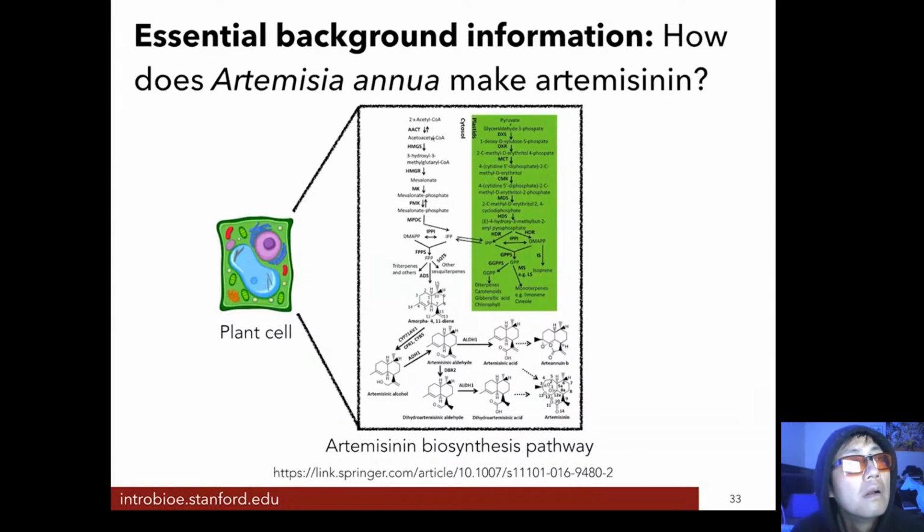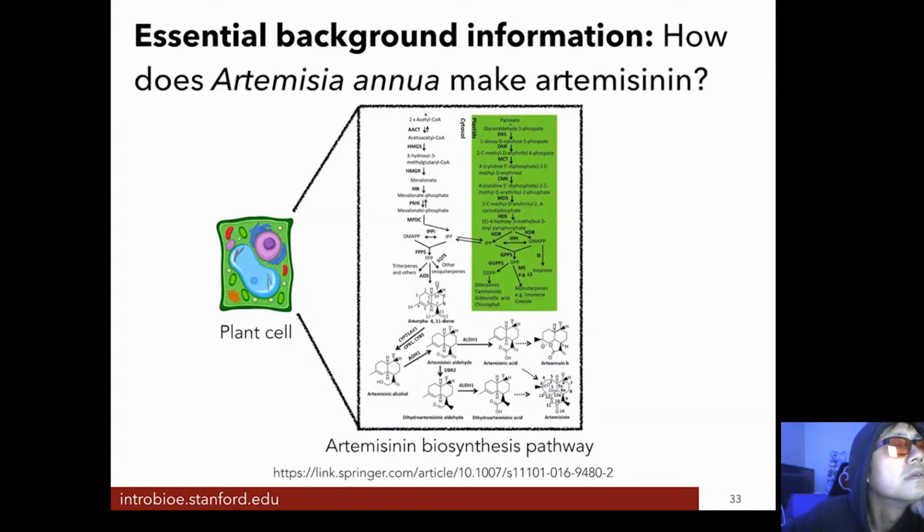So this is showing you all of the compounds that are intermediates as you move from acetyl-CoA, which is a part of central metabolism, all the way to artemisinin. And in bold uppercase letters are the genes encoding enzymes that are responsible for making artemisinin from acetyl-CoA.